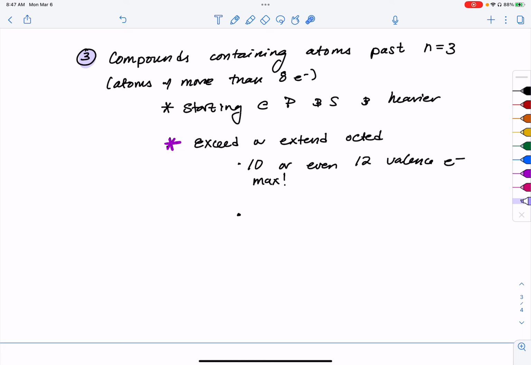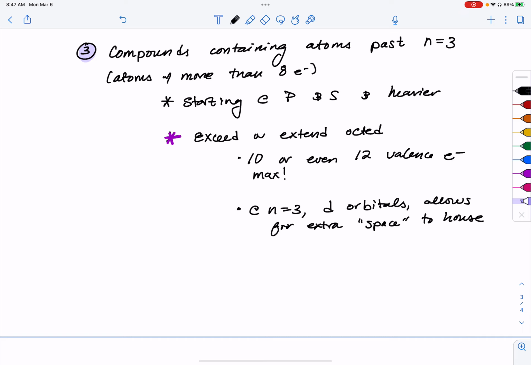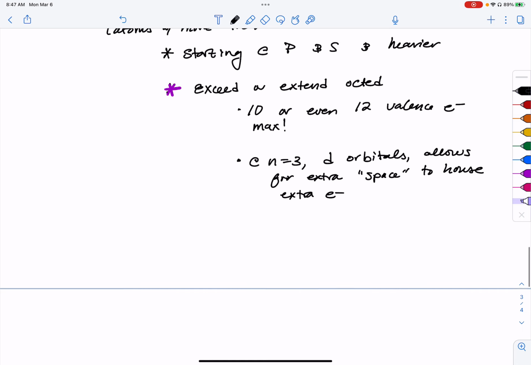So when we're at n equals 3, we have d orbitals, which allows for extra space to house any extra electrons.